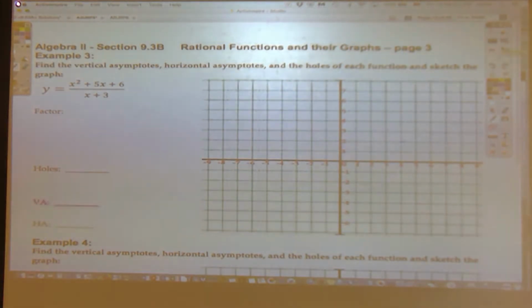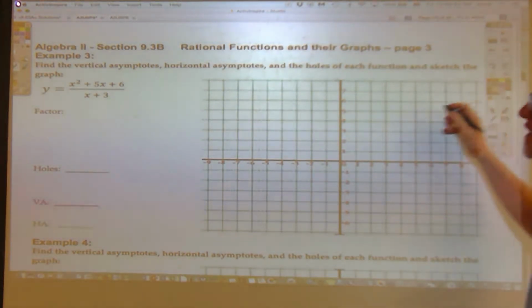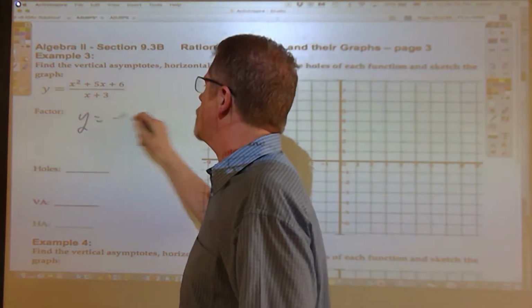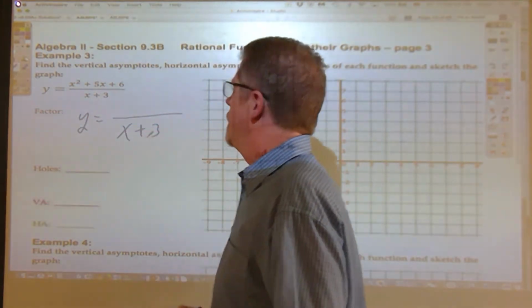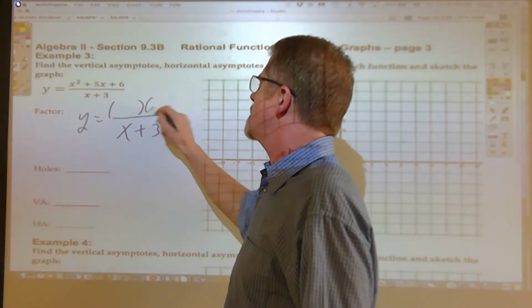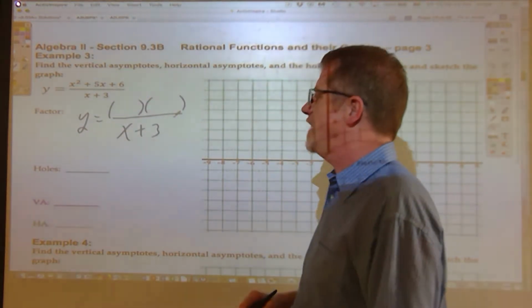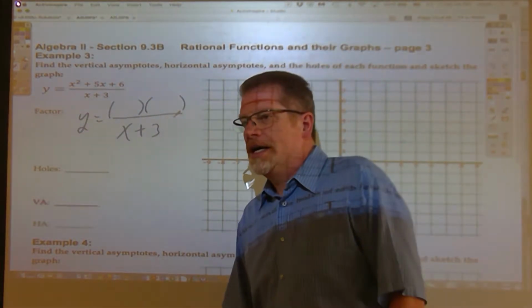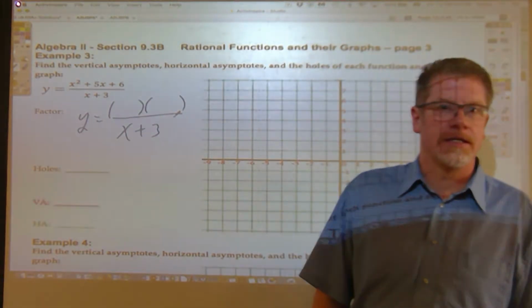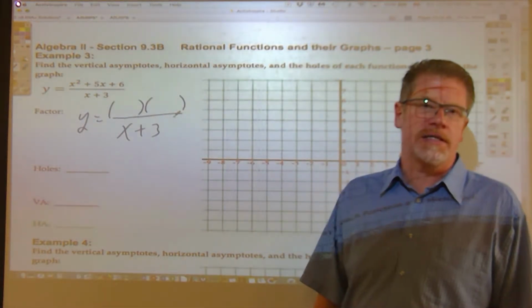9.3b. You've got a factoring task facing you here. Would you please factor the numerator? If you're thinking, I'll bet there's an x plus 3 in there because they're probably going to have a cancellation, that's not a bad guess.